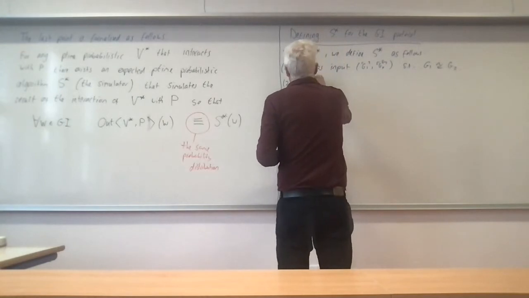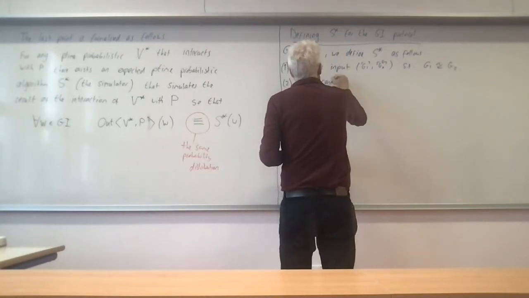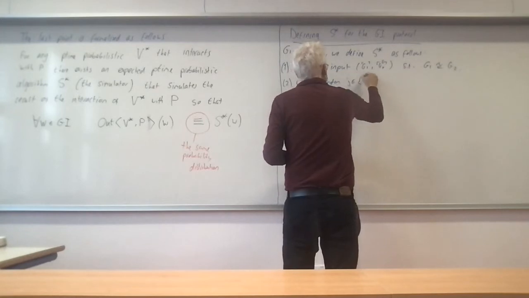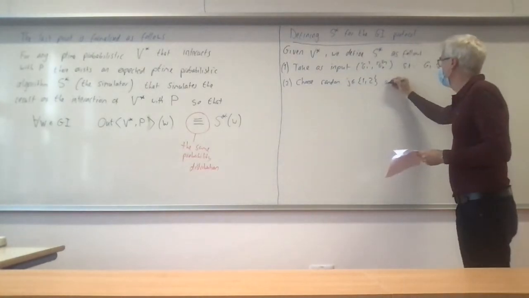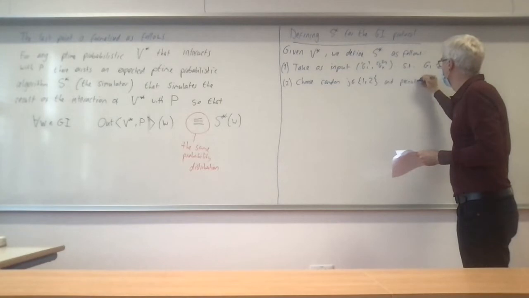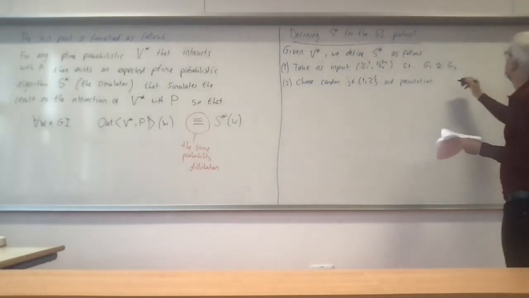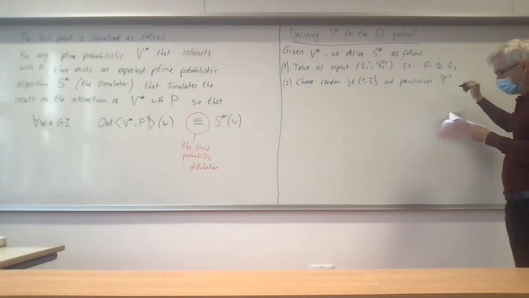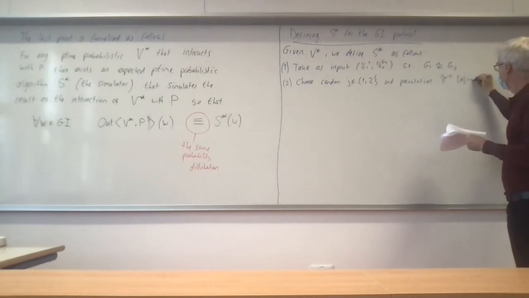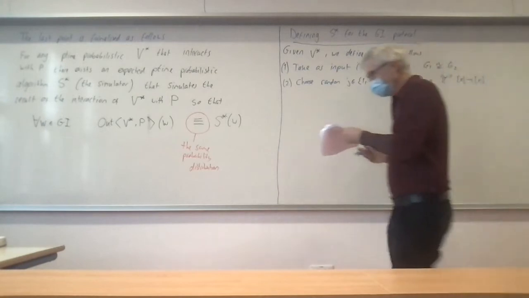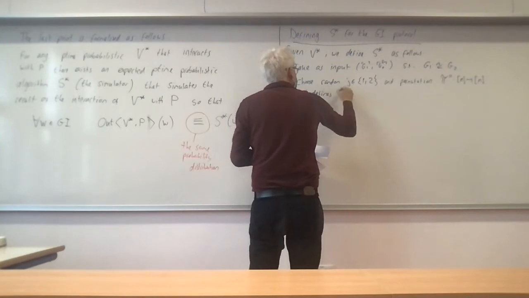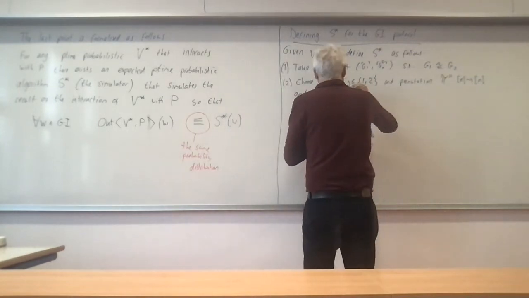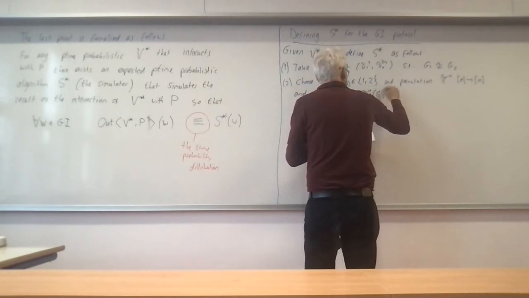So what it does is it chooses a random J in 1, 2, and a permutation I double prime on the set of vertices, and defines G3 to be I double prime of Gj.